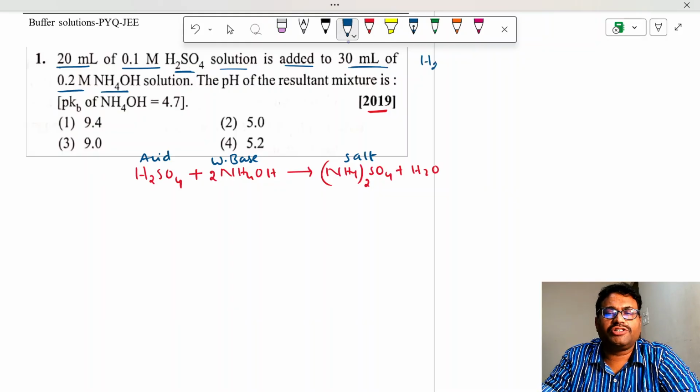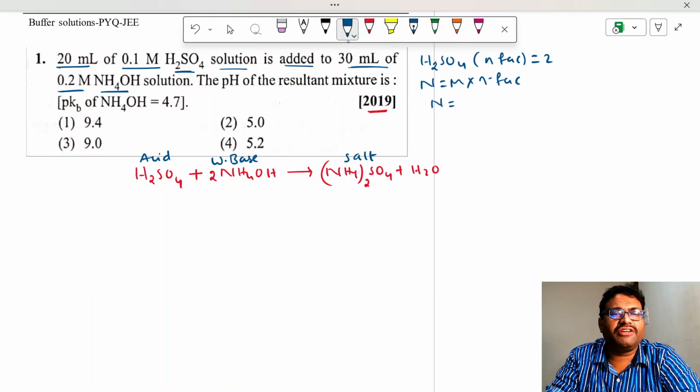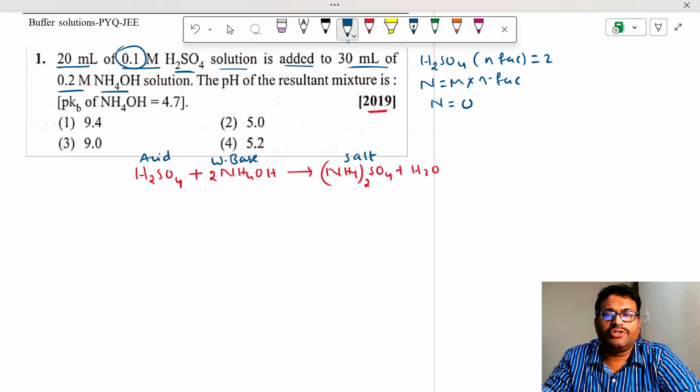We know normality is equal to molarity into n-factor. Molarity given is 0.1 M, so 0.1 into 2, normality will be 0.2 N.